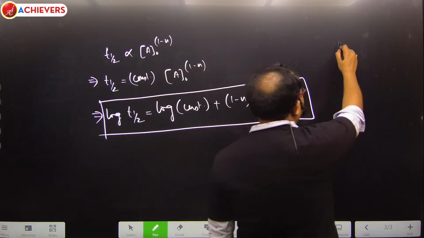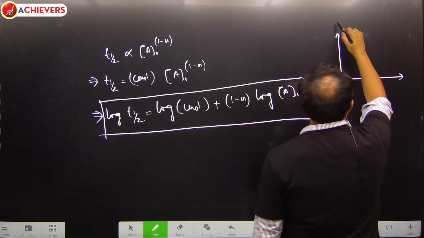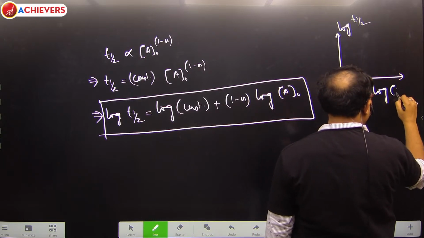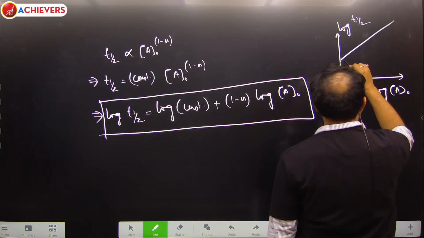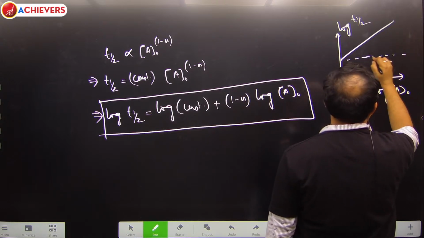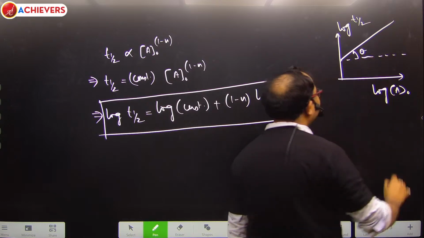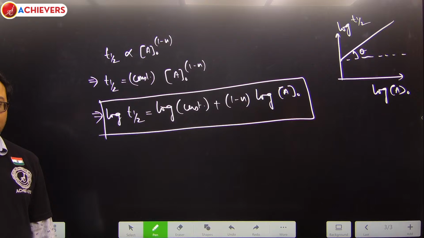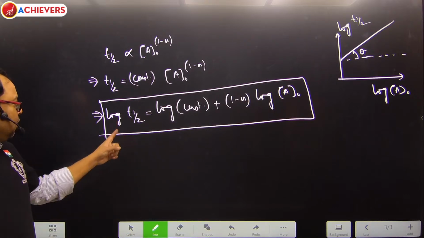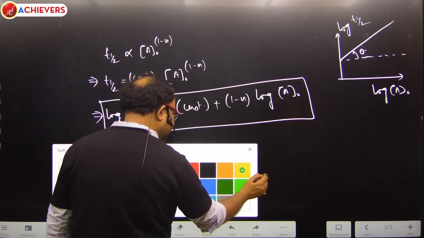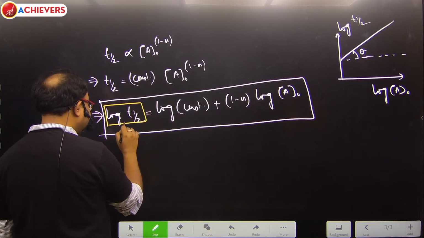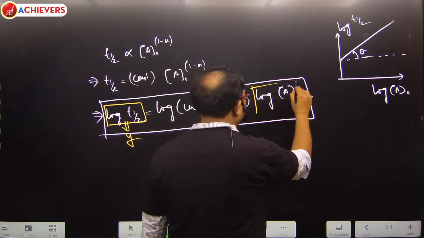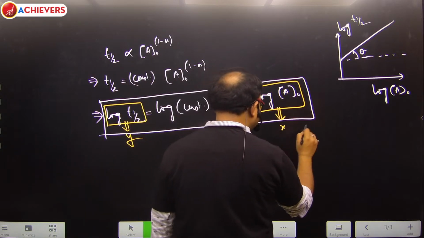And it is given, log of T half versus log of A naught is a straight line making an angle theta. So log of T half is plotted along the y-axis, and log of A naught is plotted along the x-axis.